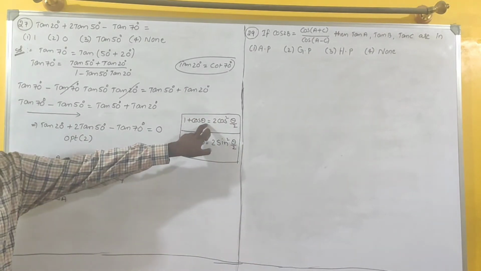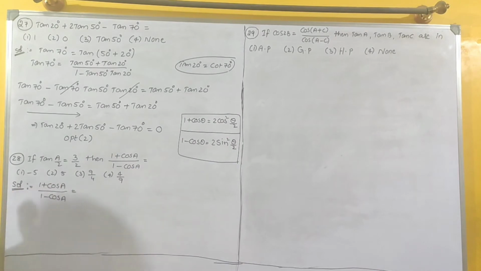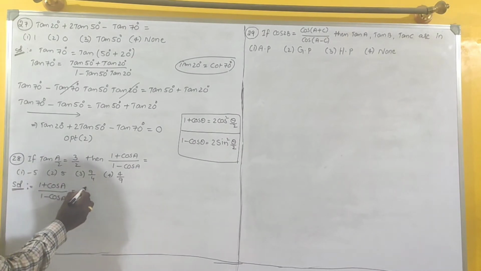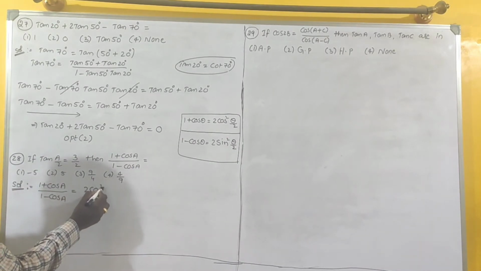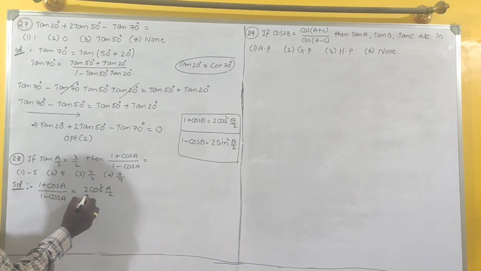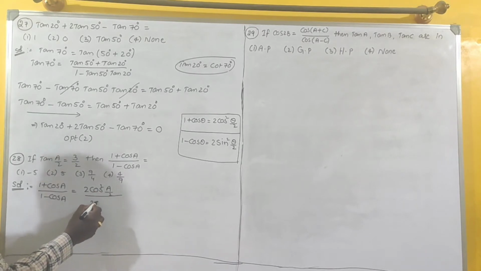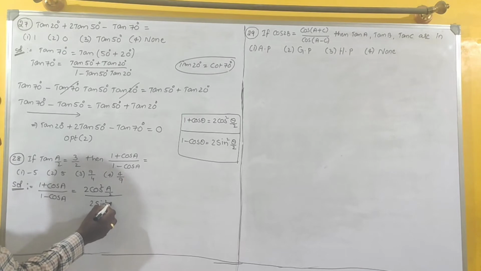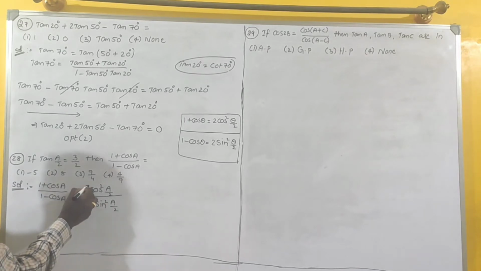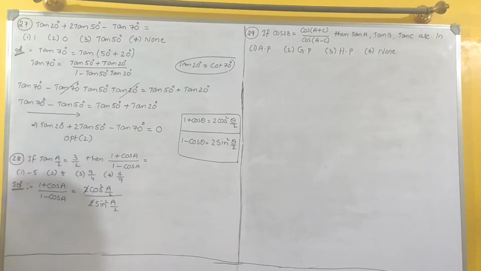In place of theta, what do we have here? This can be written as 2 cos square A by 2 by 2 sin square A by 2. 2 and 2 get cancelled. Cos square by sin square is nothing but cot square A by 2. Cot value we don't know.